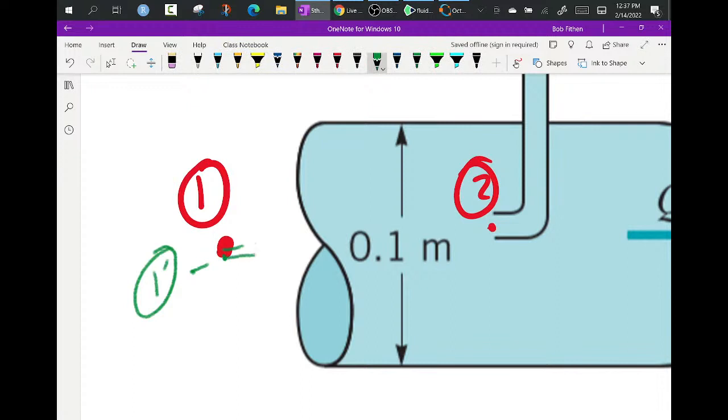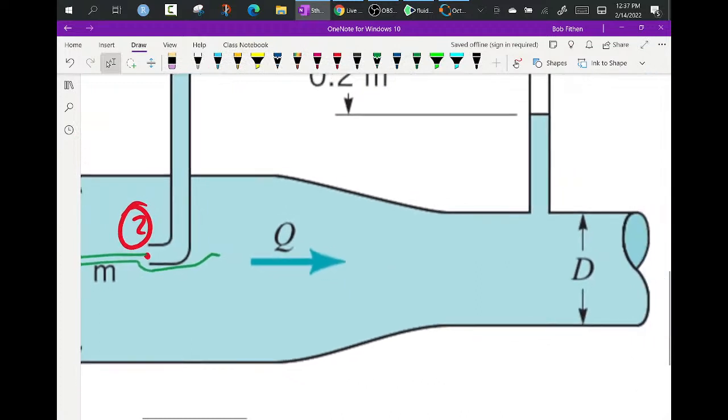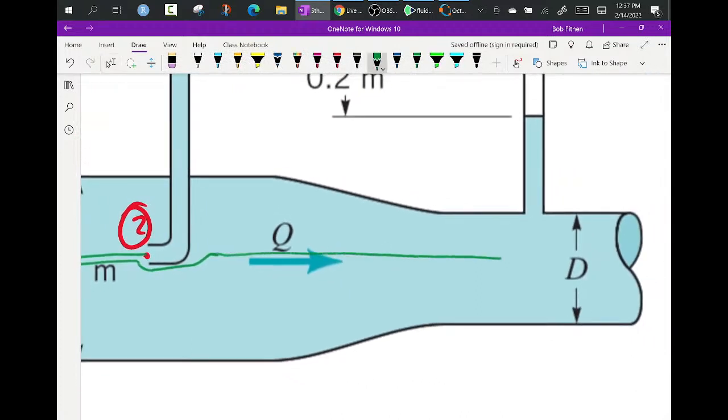But what this particle does is go around it. This particle stagnates on it. And this little green particle runs down through here and out the end of the pipe. So we'll call this location 3.